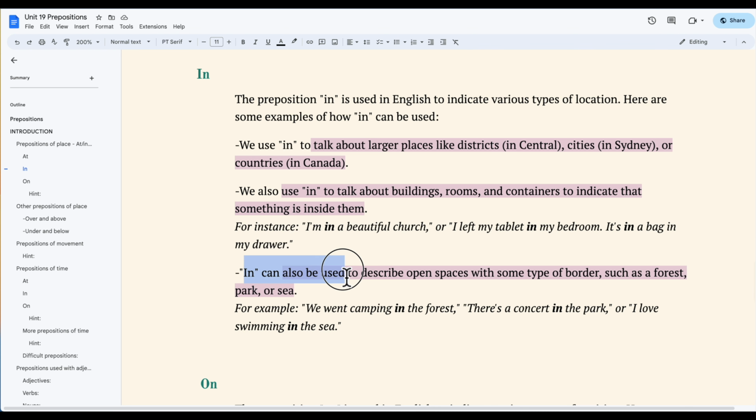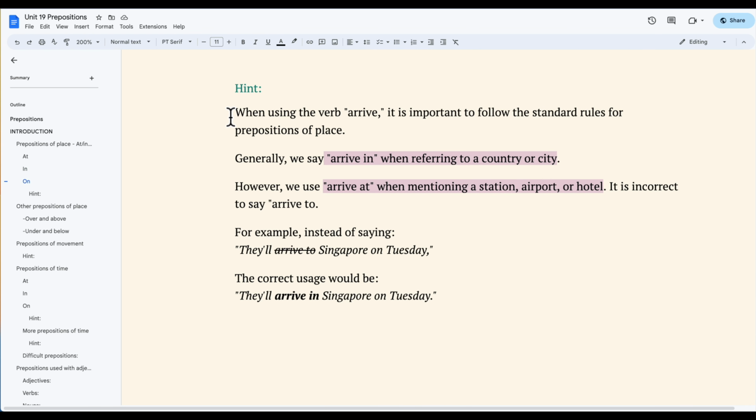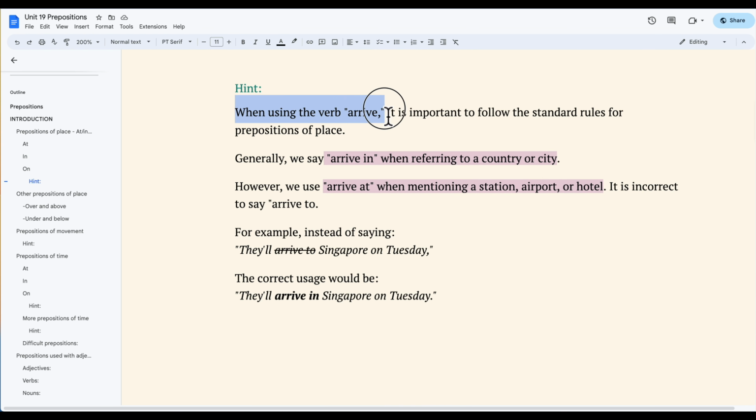In can also be employed when referring to open spaces with some form of boundary, such as a forest, park, or sea. For instance, we went camping in the forest, there's a concert in the park, or I love swimming in the sea. Some tips for your reference. When using the verb arrive, it is crucial to adhere to the standard rules for prepositions of place.